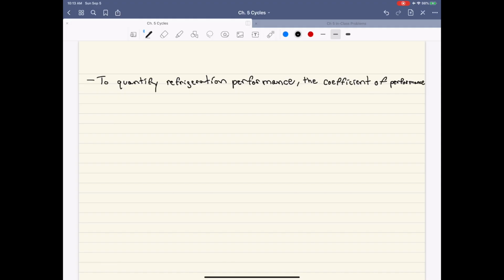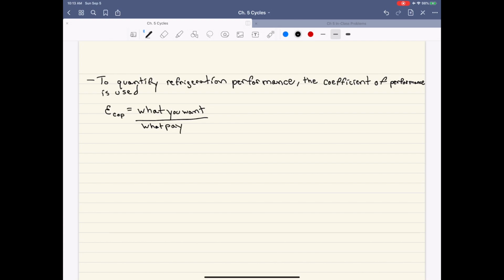This coefficient of performance, which is abbreviated as epsilon, or COP, you can think of as a ratio of what you want over what you pay.